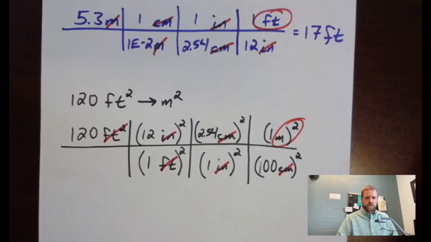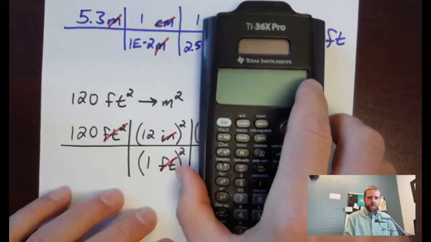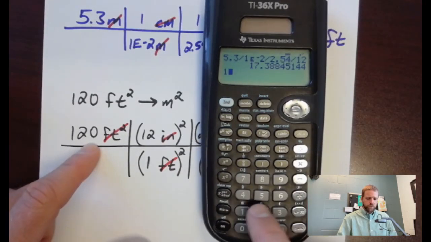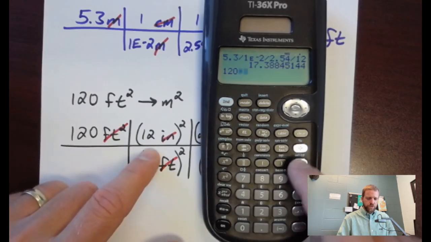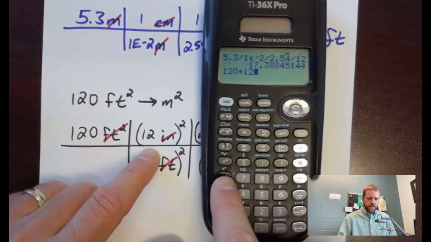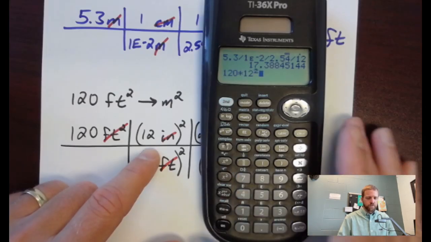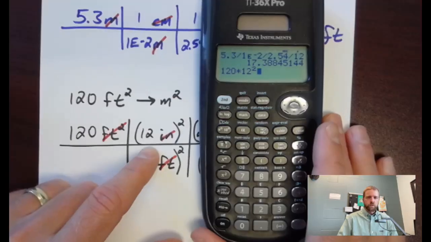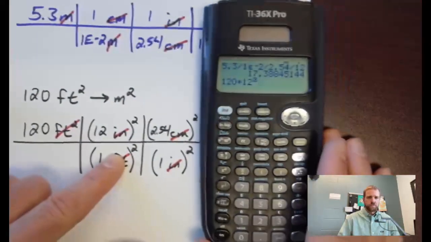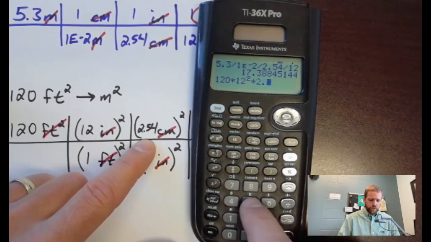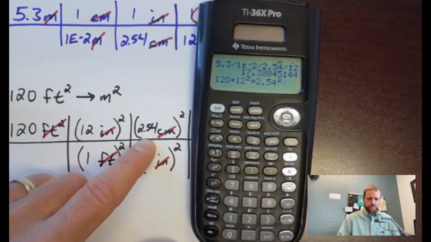So how do we punch this into our calculator? Well, let's turn it on. We're going to start with 120. We're going to multiply it by 12, and then I'm going to push this little button right here, x squared. That's going to square the 12. You might remember that 12 squared is 144, so you can do that as well. And then I'm going to multiply that by 2.54 squared.